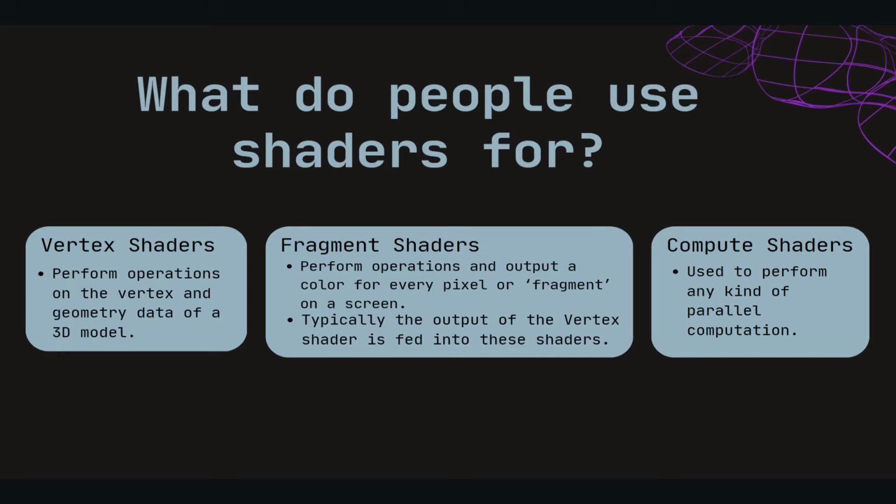Fragment shaders usually take the vertex shader's output as their input, and they're used to compute color data for each pixel or fragment. There's more you can go into with how they define fragments, but they're basically per pixel. And compute shaders are a more generalized thing, used to compute other things, kind of anything you could think of.